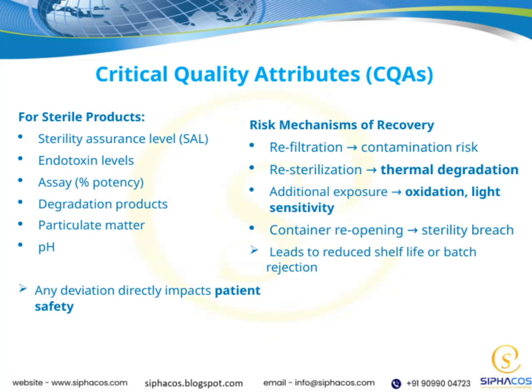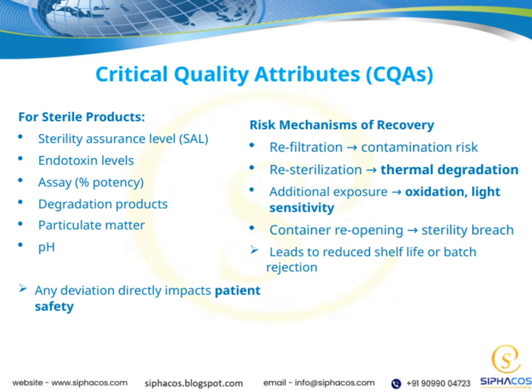Let's take a closer look at the risk mechanisms of recovery and how they can impact product quality. First, refiltration is a common process, but it carries a contamination risk if not done properly. Next, re-sterilization is necessary at times, but it can lead to thermal degradation of the product, potentially affecting its efficacy.